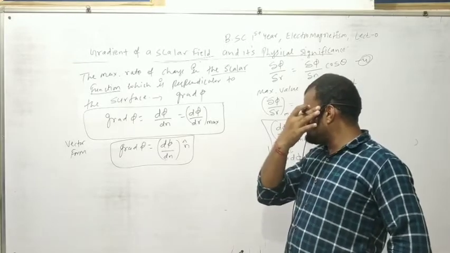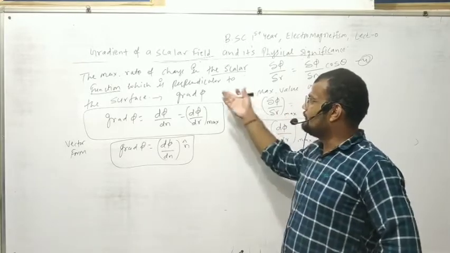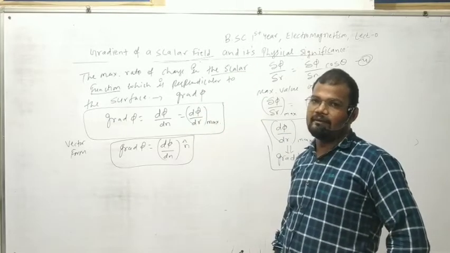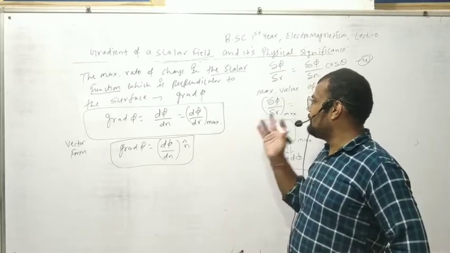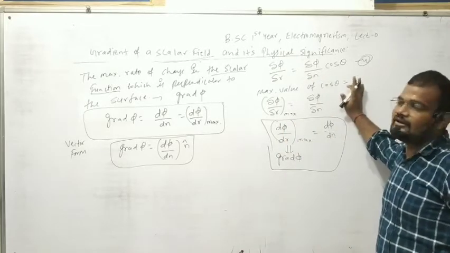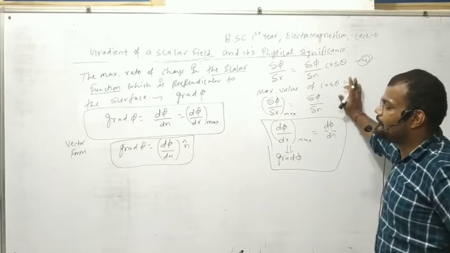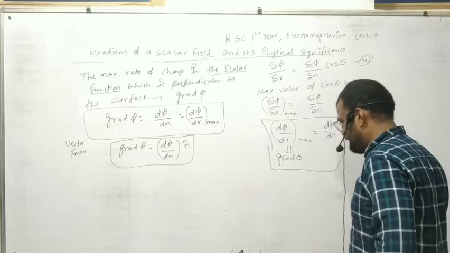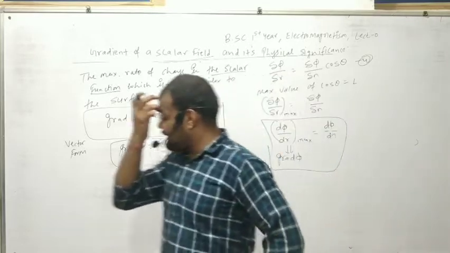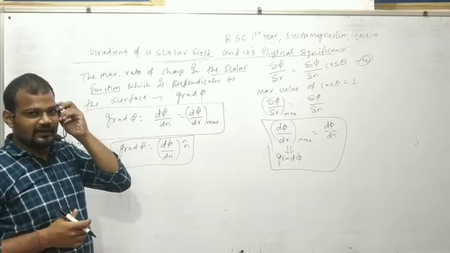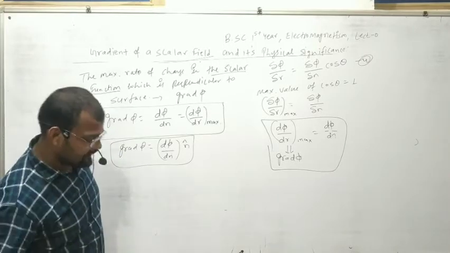If you have a 2 mark question, you will simply give the definition and write the formula. But if you are told to write it for 5 or 10 marks, then you will have to do this whole derivation. Okay, so this will be your gradient of a scalar field, and this is the mathematical expression of the gradient of a scalar field.